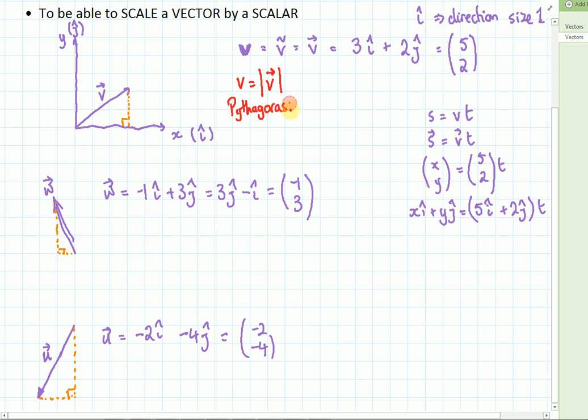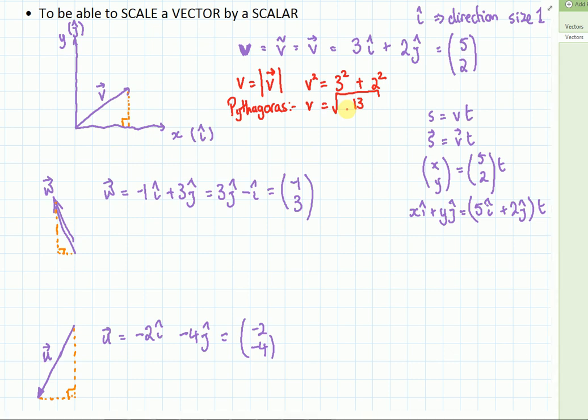So Pythagoras theorem, what happens is the length along the side, v squared, is equal to the x coordinate, 3 squared plus 2 squared. So v is the square root of 9 plus 4, square root of 13. In M1 decimal, calculator decimal, 3 significant figures, good values.